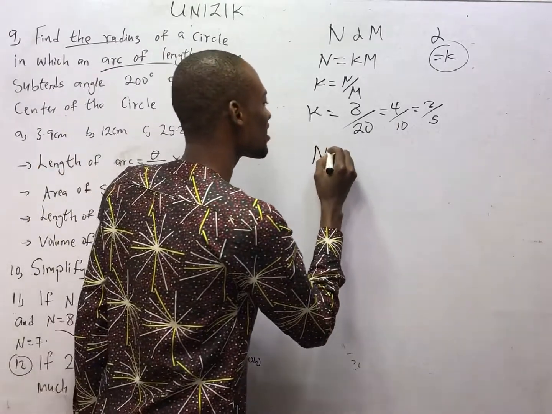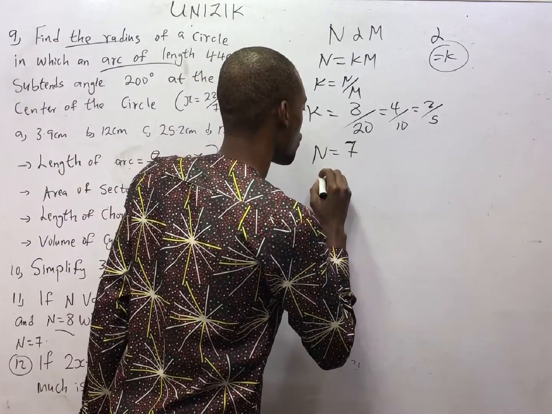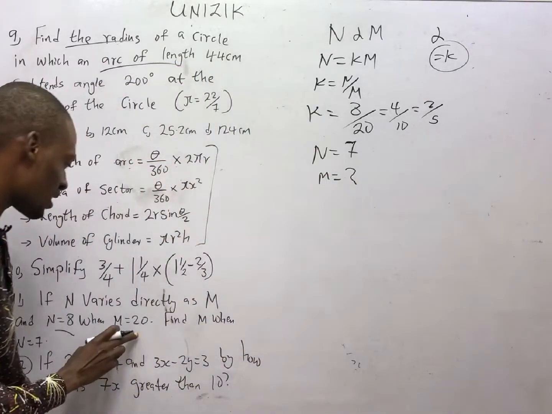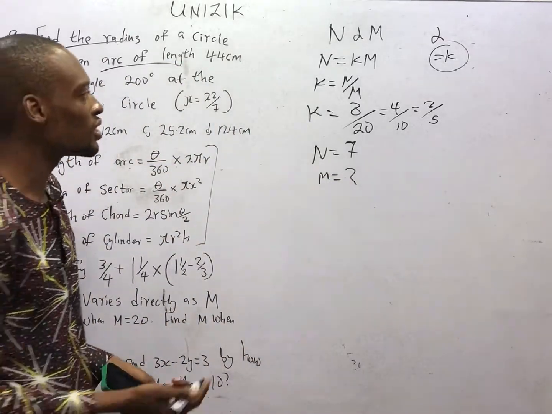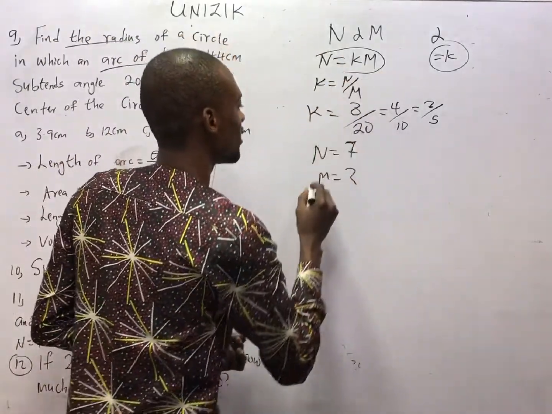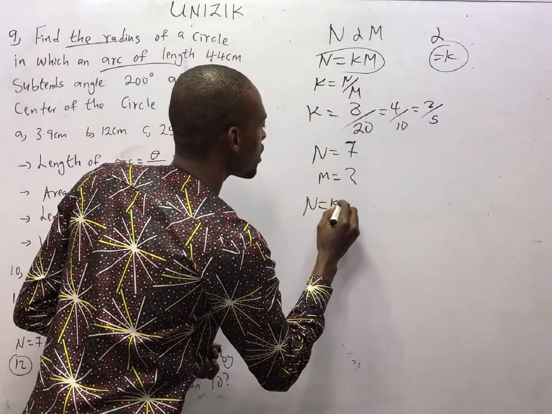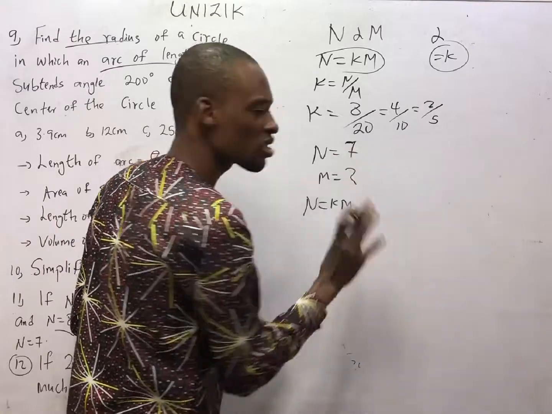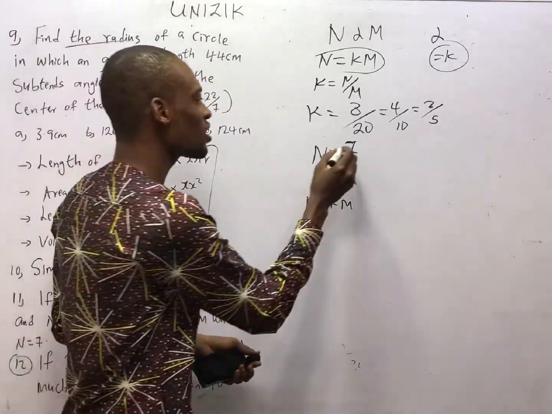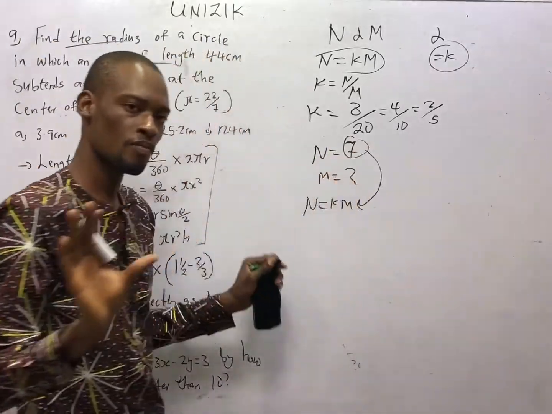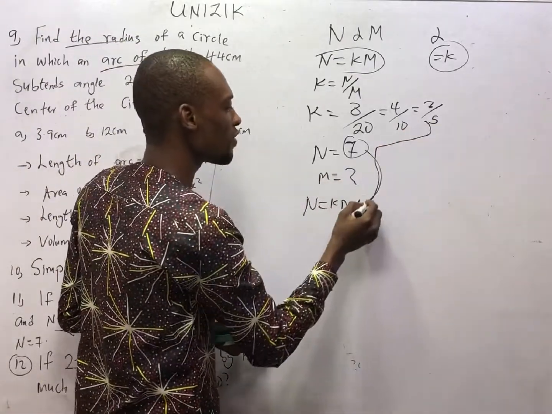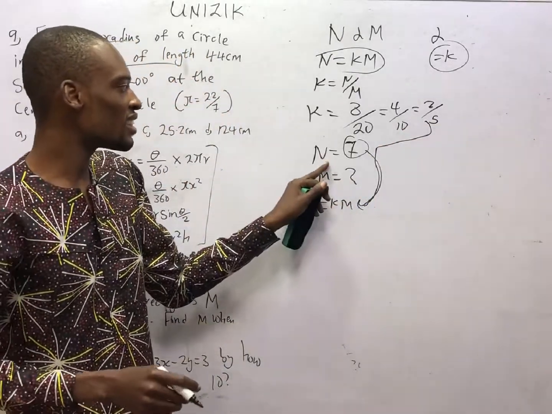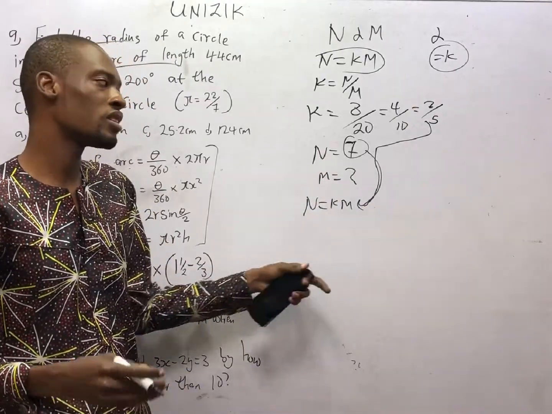So n is now 7. What is m? Is that not what they said? Find m when n is 7. What you simply do is bring out this formula again. n equals km. Now the constant doesn't change, which means this constant can still work here. n is now 7, and 2 over 5 constant can still work here. What is m?